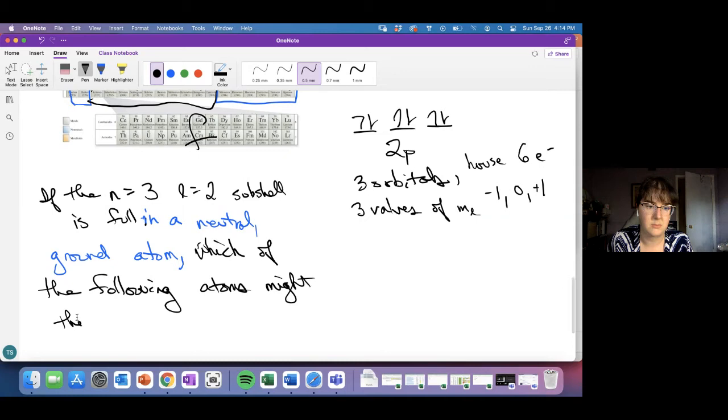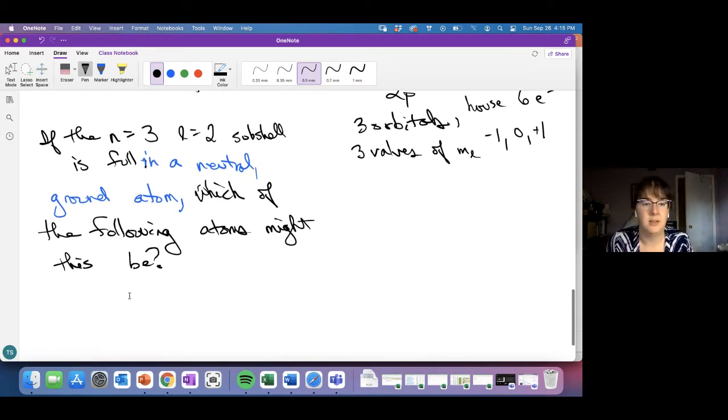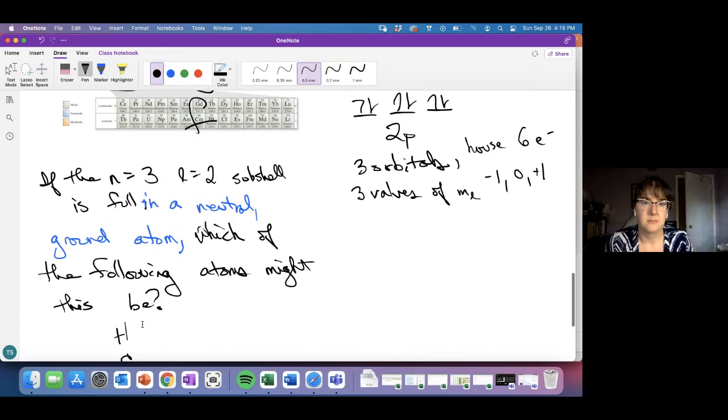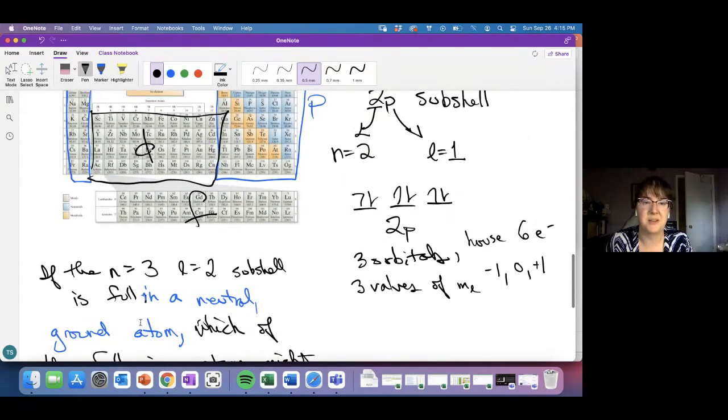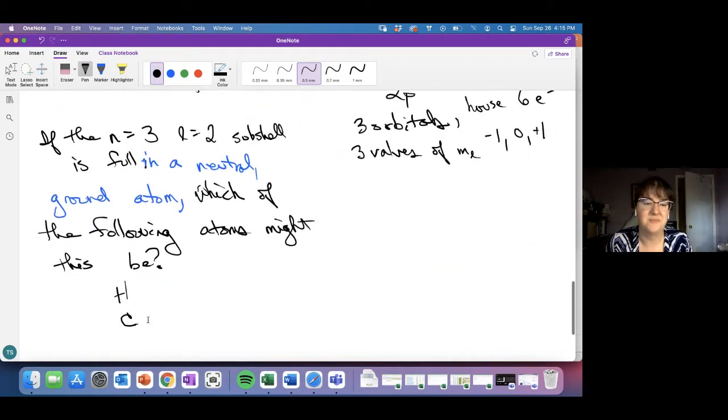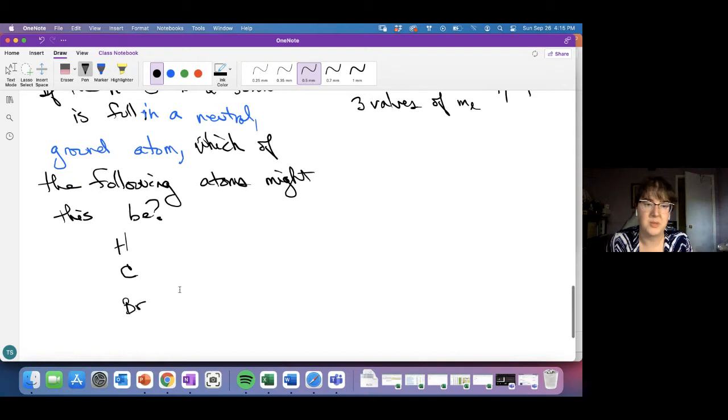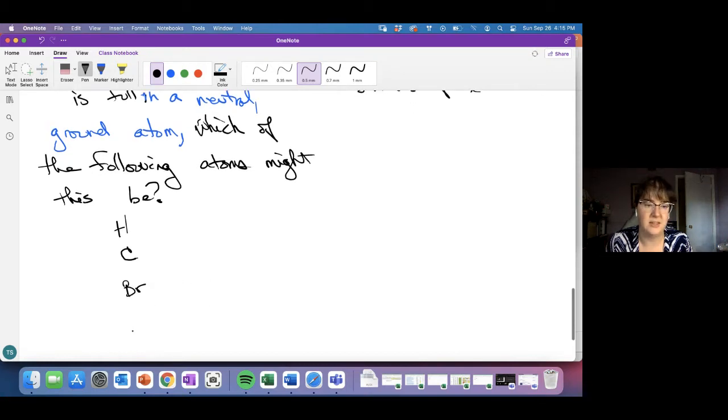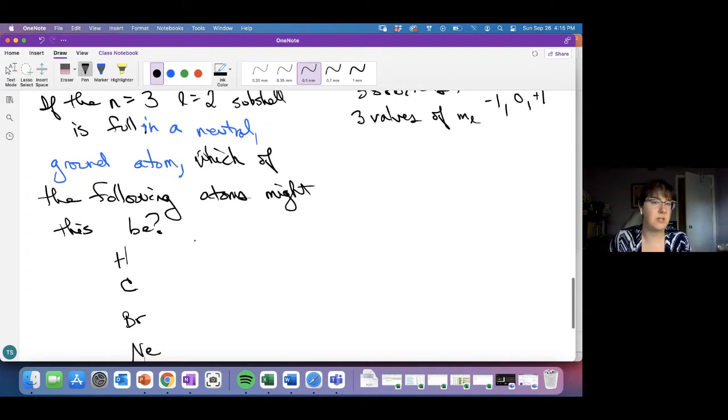And we could give you options like hydrogen, carbon, I have to look back up for a minute. Bromine and neon. So there are my three options. So here's my question. If n equals 3, L equals 2 subshell is full in a neutral ground state atom, which of the following atoms might this be?